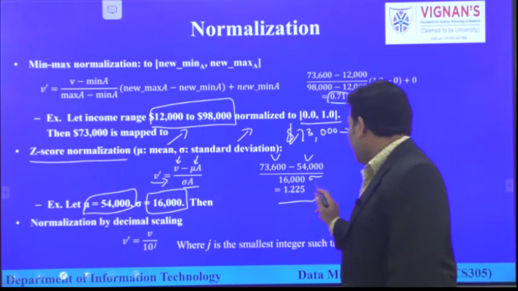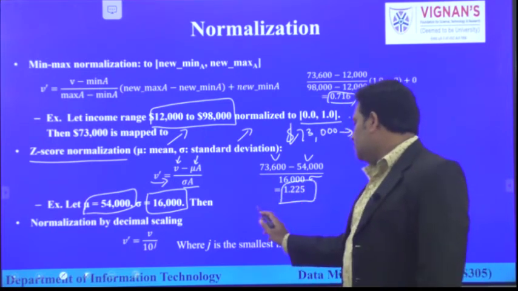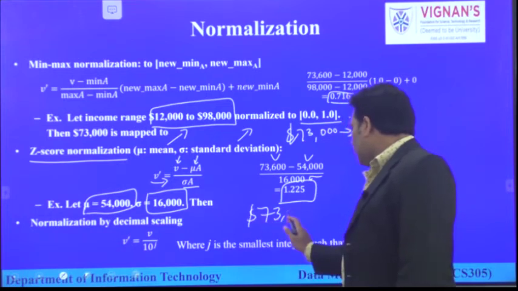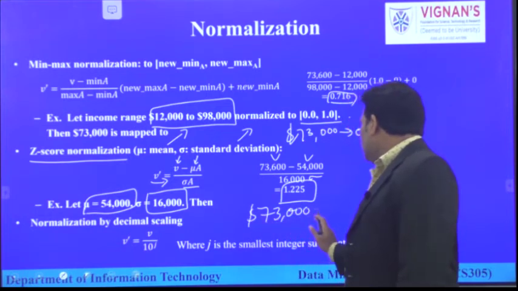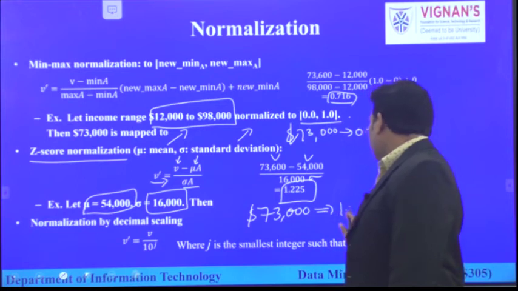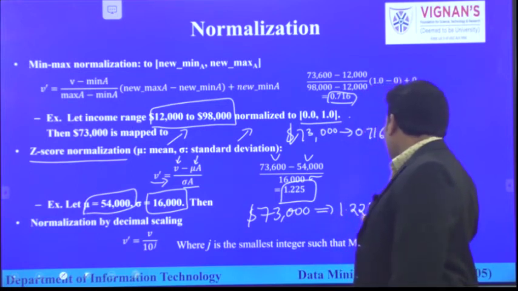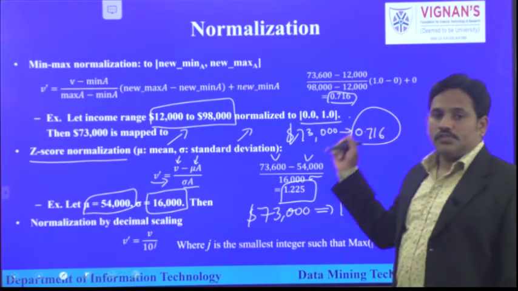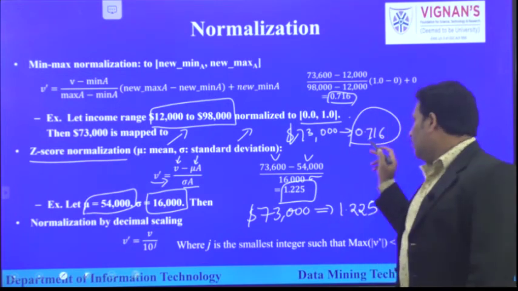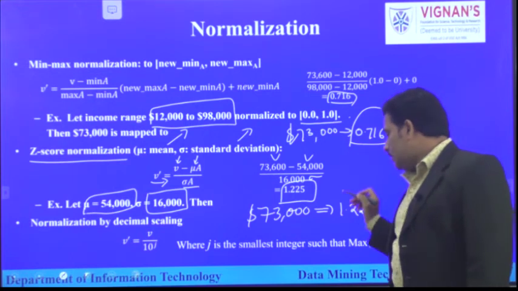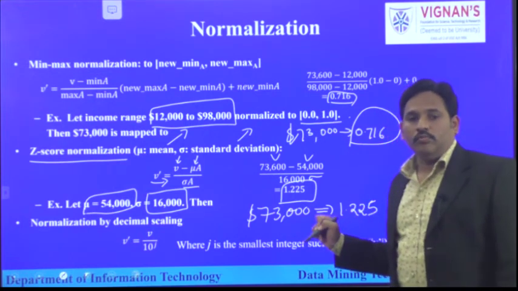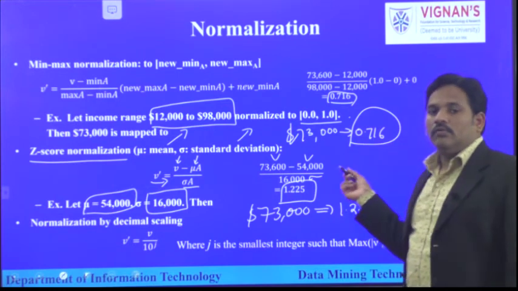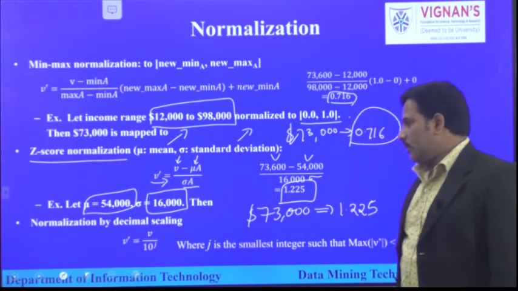If you substitute, we get 1.225. That means in Z-score normalization, the $73,000 value is converted into 1.225. In min-max normalization, for the range 0 to 1.0, we got 0.716. In Z-score normalization, we got 1.225. So whichever is feasible for our application, we can use that normalization.